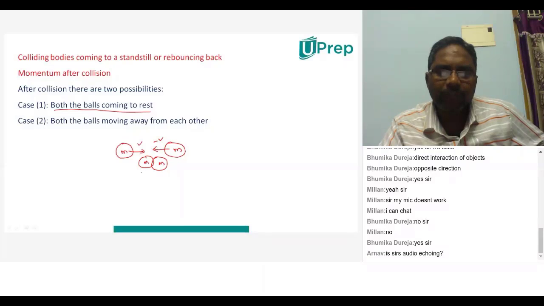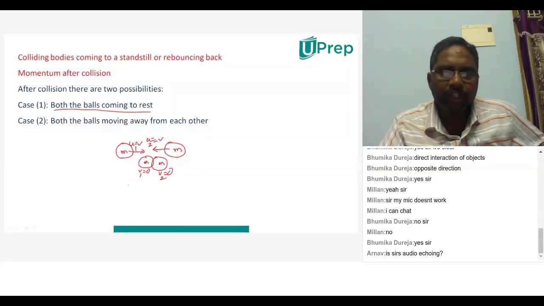Now what will be the final momentum here? The final momentum of the first object is zero, because its velocity is zero as it comes to rest. And the second object's velocity is also zero.